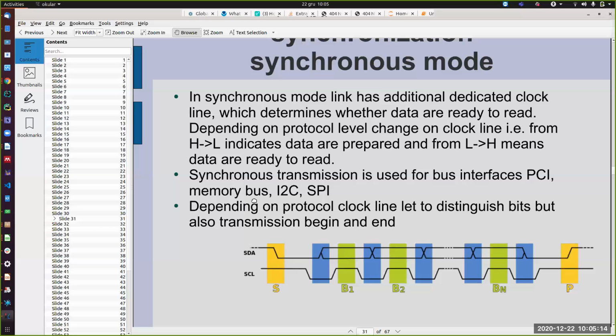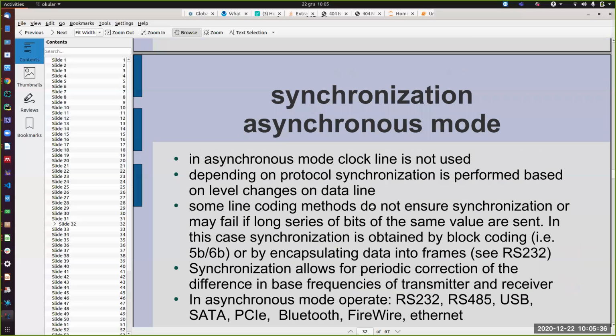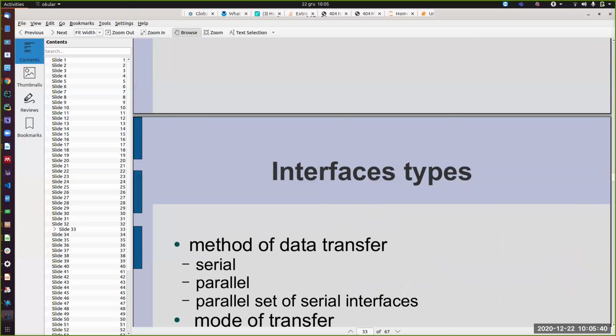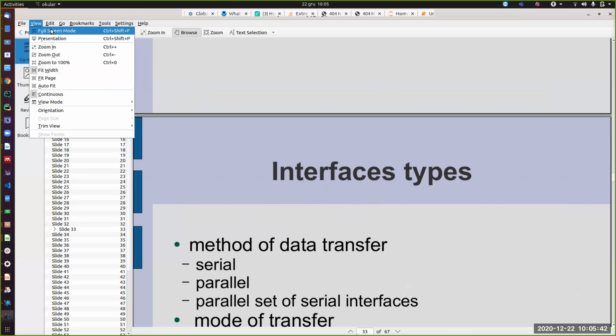Okay, in theory it is possible, but such a cable will cost much more than an ordinary user is ready to pay for it. Yeah, of course. So therefore we have synchronous interfaces and asynchronous interfaces.